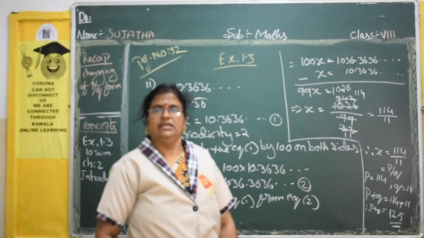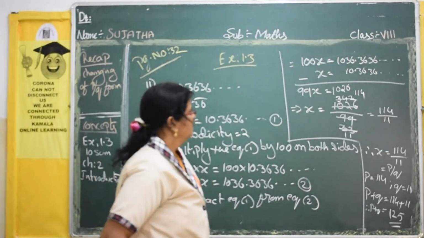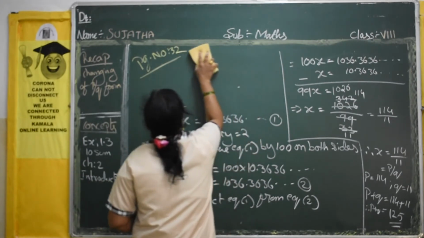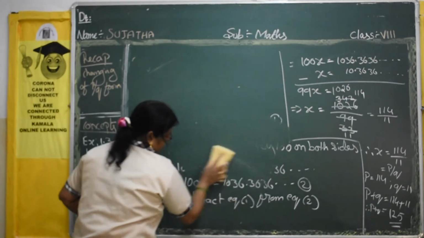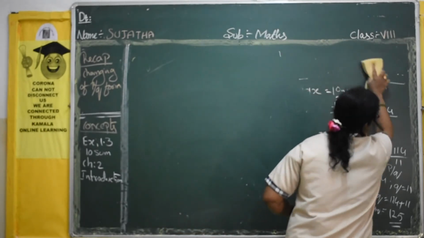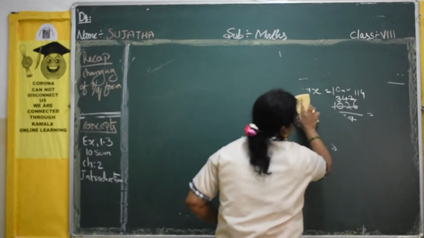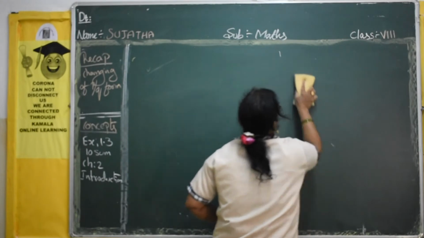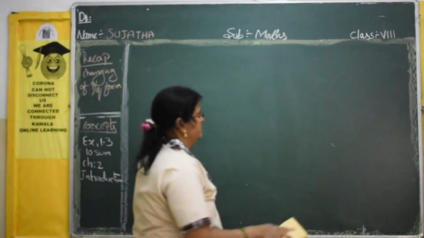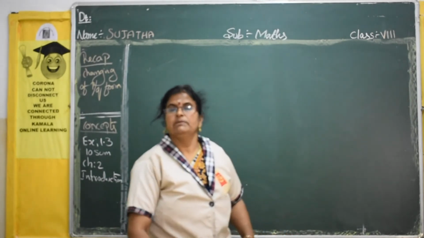That is linear equations in one variable. This topic is also very, very important, children. Already you know what is meant by equation. What is meant by equation?